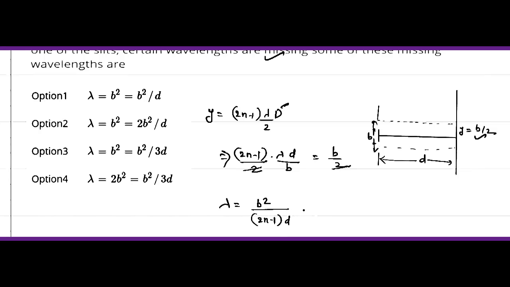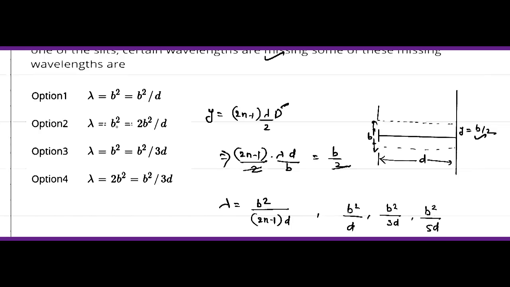Now we put values in for n. If we put n equals 1, we get lambda equals b square divided by d. Similarly, if we put n equals 2, we get b square divided by 3d, and if n equals 3, we get b square divided by 5d.